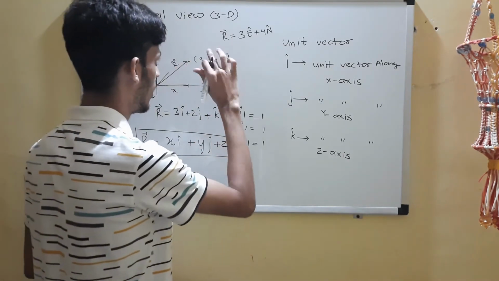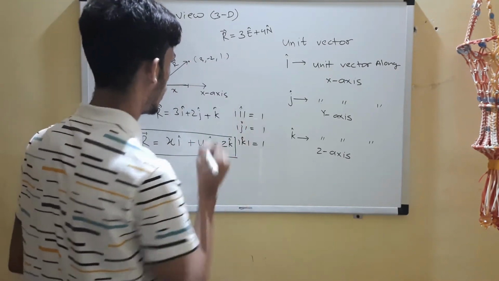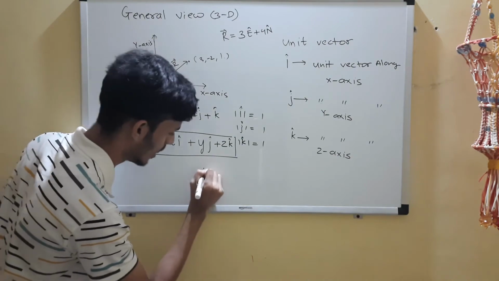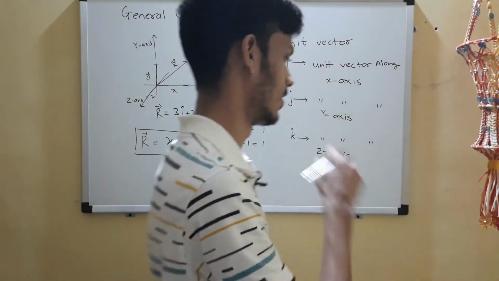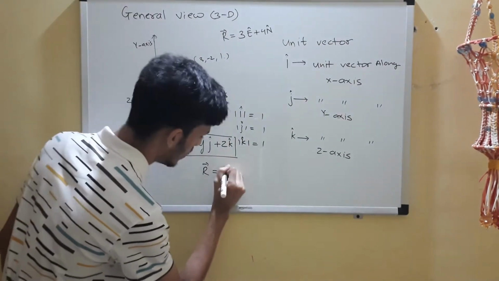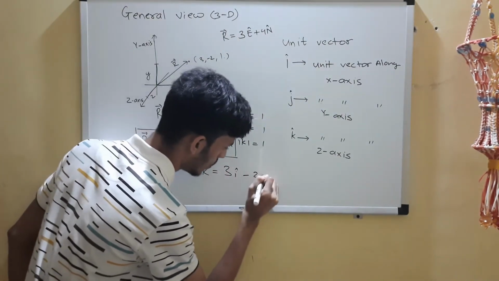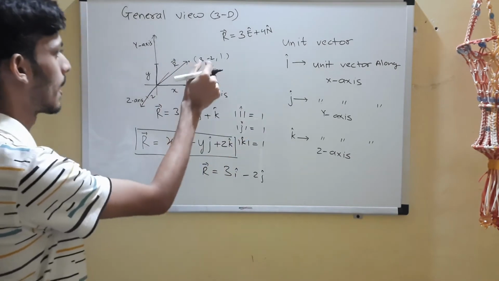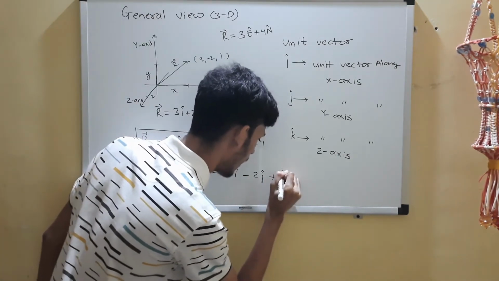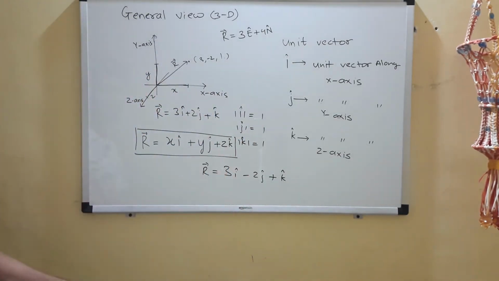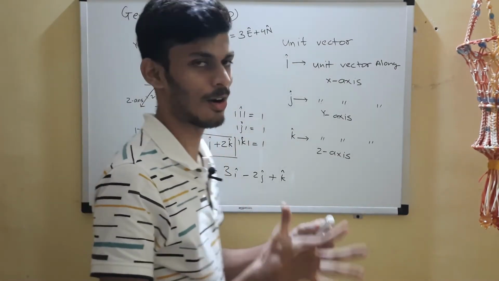Now if they have a minus sign also, just place the coordinates with the sign. So this is 3 i cap minus 2 j cap plus k cap. As easy as that. So this is everything about the component of a vector.